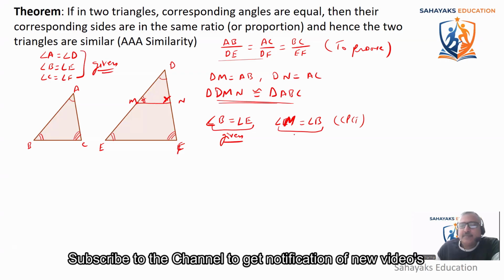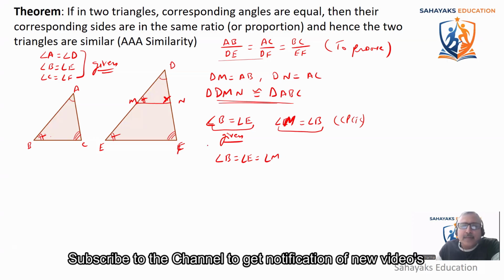Okay, so angle M is equal to angle B, and what does it imply? That angle B is equal to angle E. When angle B is equal to angle E and angle B is also equal to angle M, that means angle B is equal to angle E is equal to angle M.